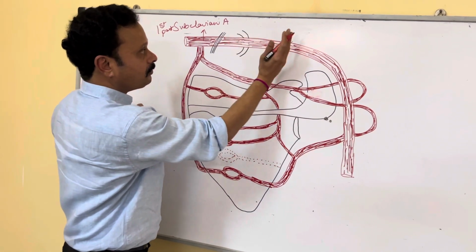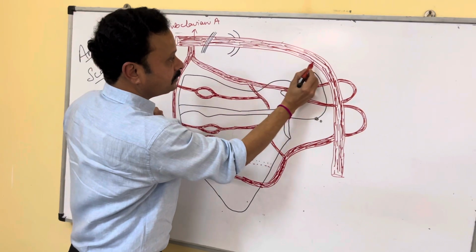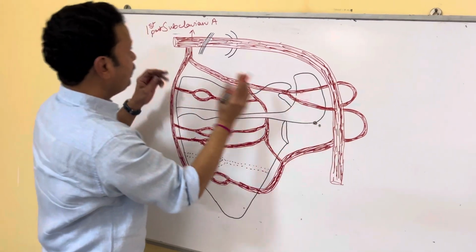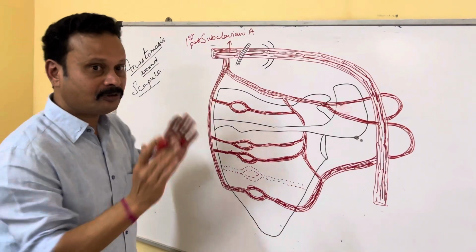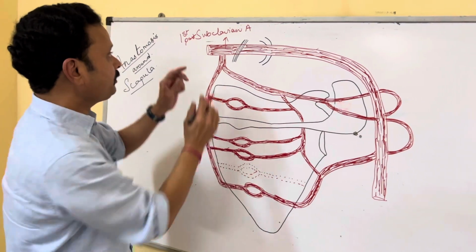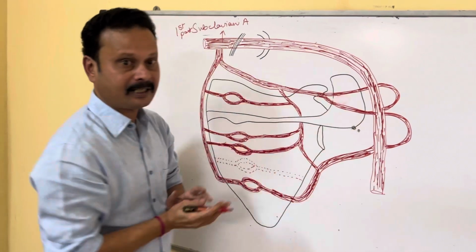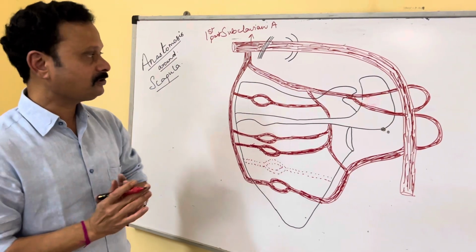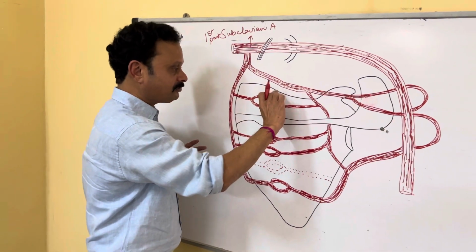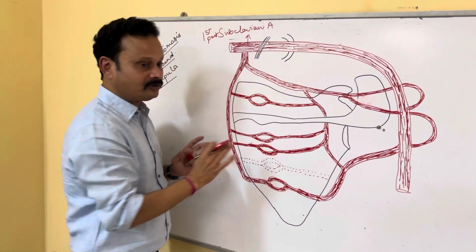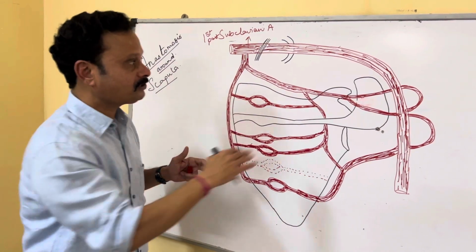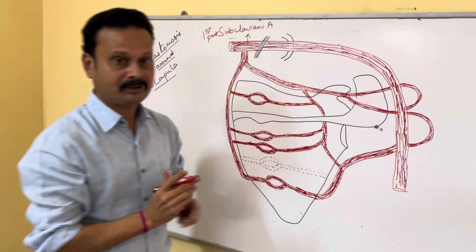At the outer border of the first rib, it is continued as the axillary artery, and there is anastomosis existing between the first part of the subclavian artery and the axillary artery, and that anastomosis occurs in the supraspinous fossa, infraspinous fossa, in the subscapular fossa, and over the acromion process.